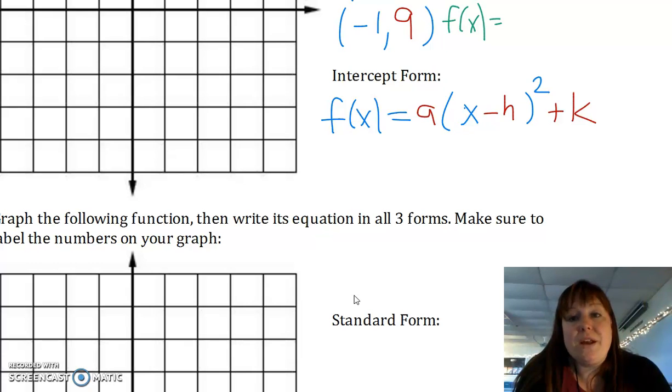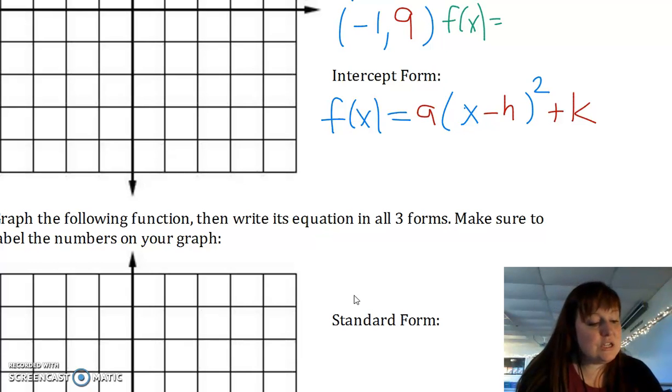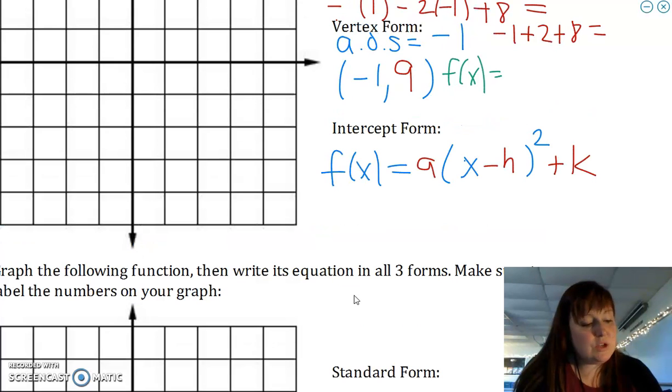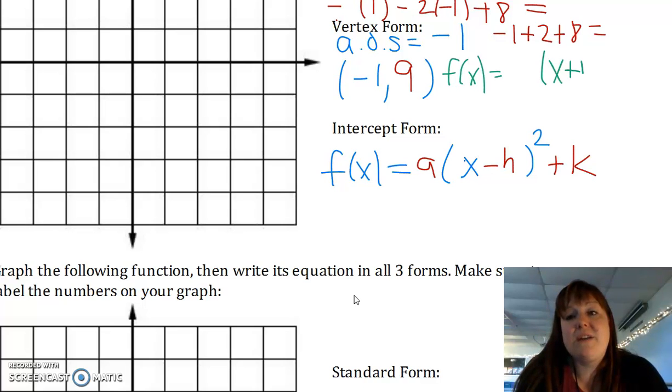So what is h and k? Well, remember h is the x coordinate of our vertex. So up here, if I'm going to write it, we have x minus, well, we're going to say plus 1 because x is a liar. So if we want it to have an x coordinate of negative 1, we put a positive 1 there. All right, and then plus 9, k is the y coordinate of our vertex.